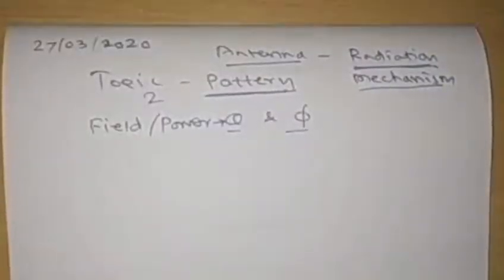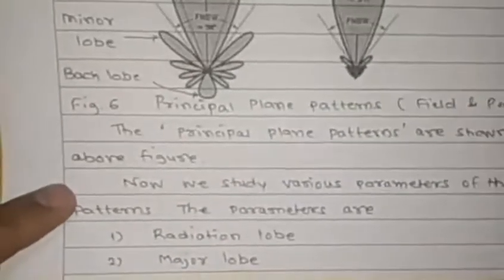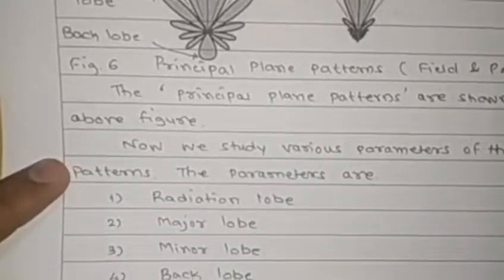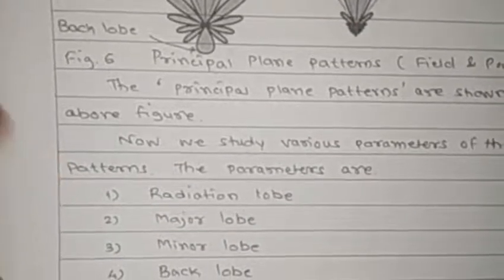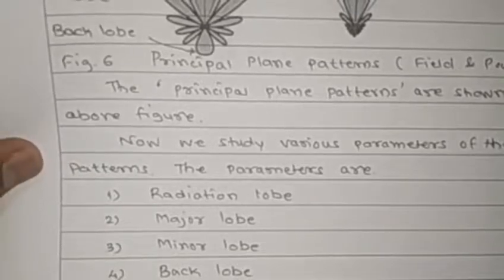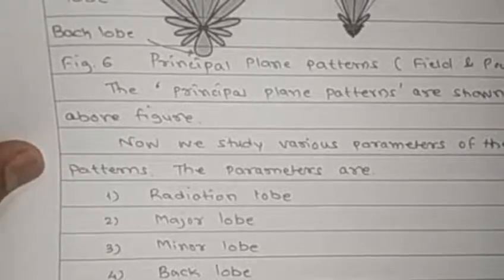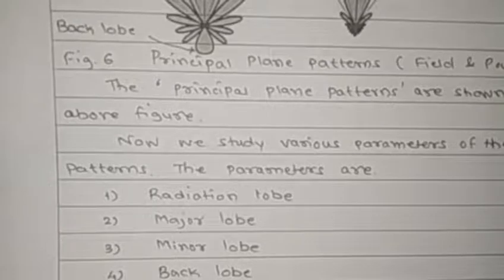So the first parameter we are taking is the radiation lobe. A radiation lobe is a portion that indicates the radiation of field or power from an antenna in a region as compared to relatively weak radiation power regions.